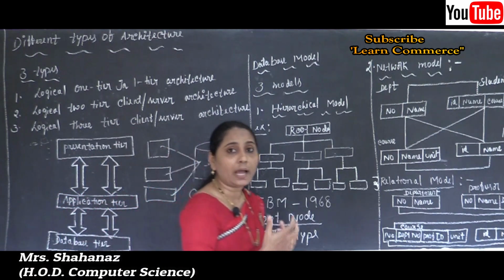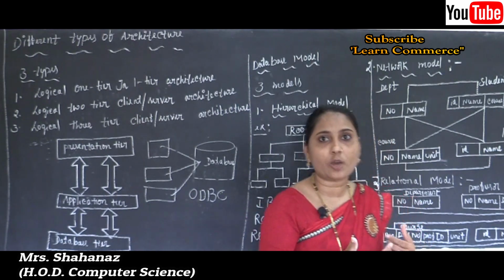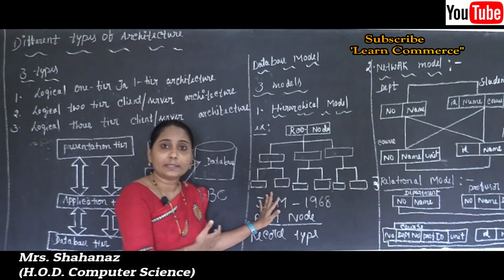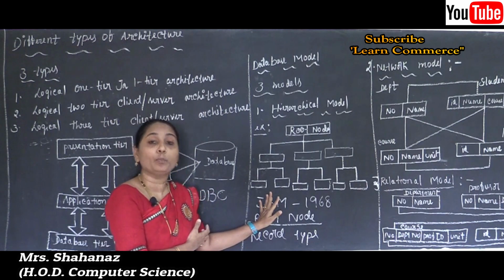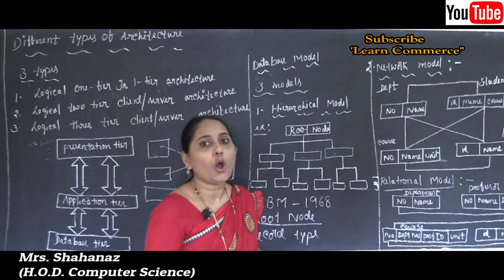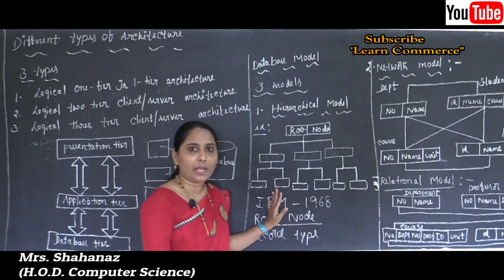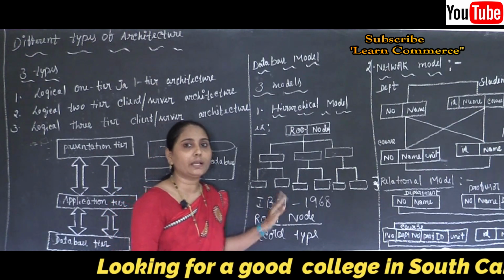So data access works very quickly in our hierarchical data model. And the second advantage is that both retrieval as well as update can be highly optimized by our DBMS. Clear this point? So these are the advantages of the hierarchical data model.